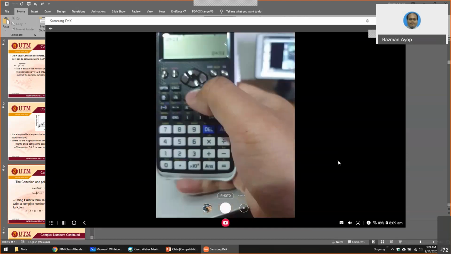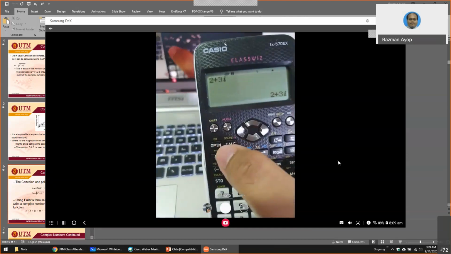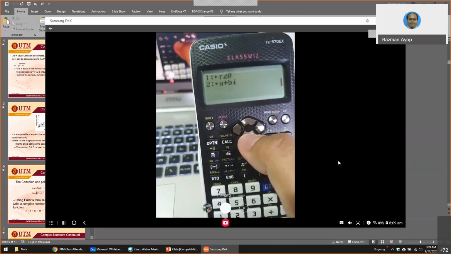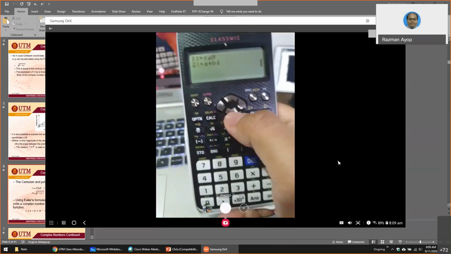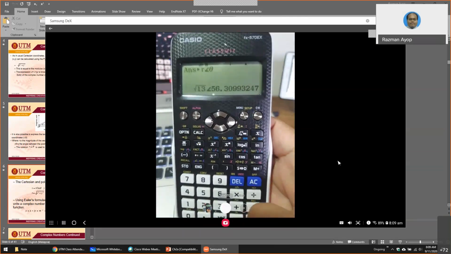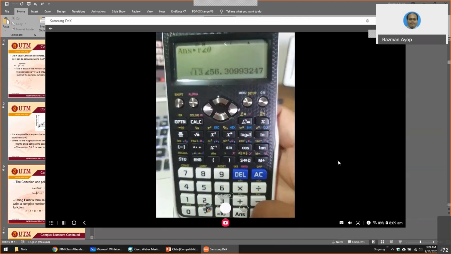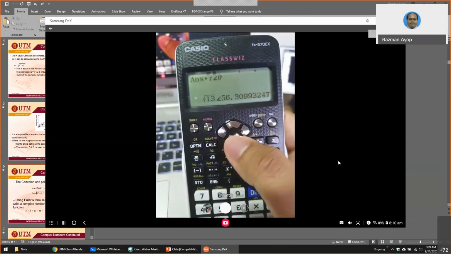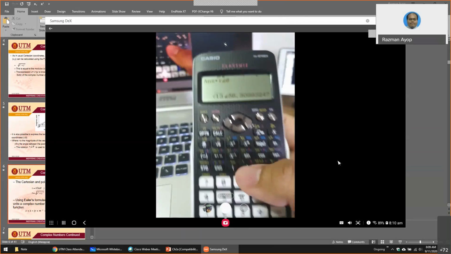Then to convert it, press OPTN, go to number 2, press down and go to number 1. You will automatically convert the answer to this form, the previous form and the new form.